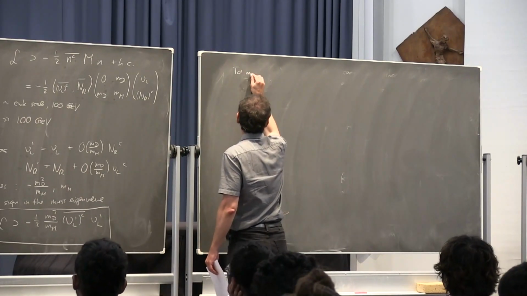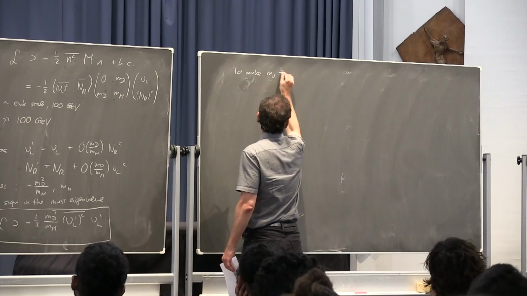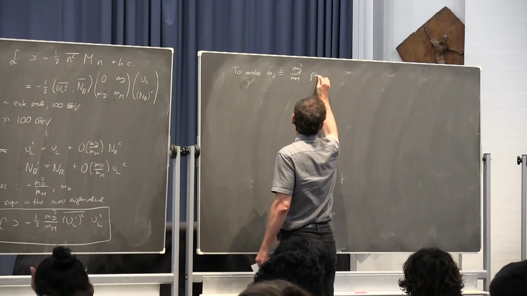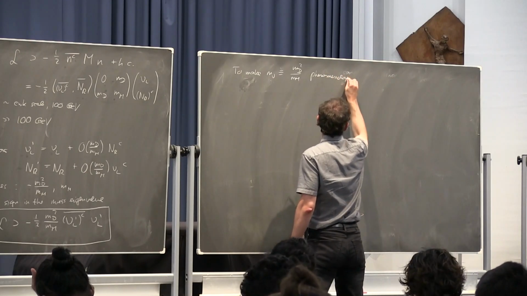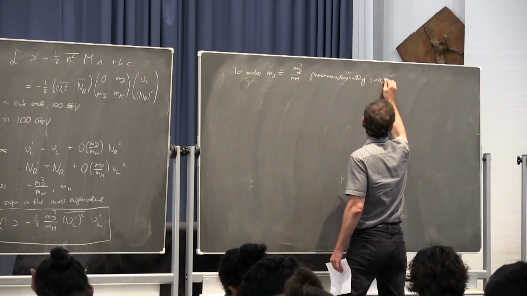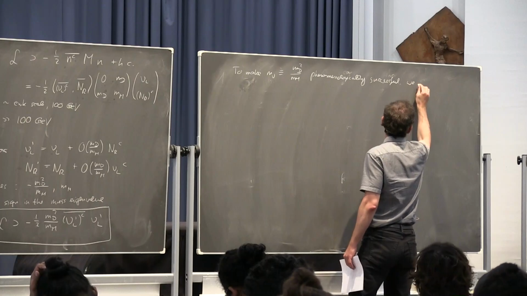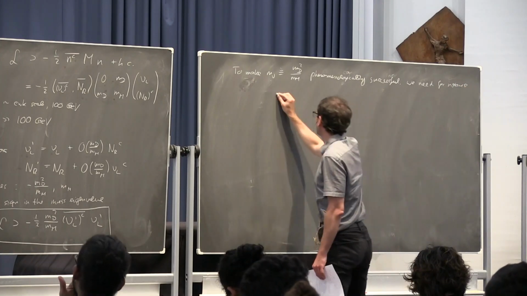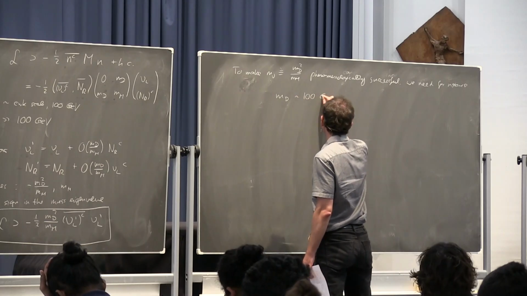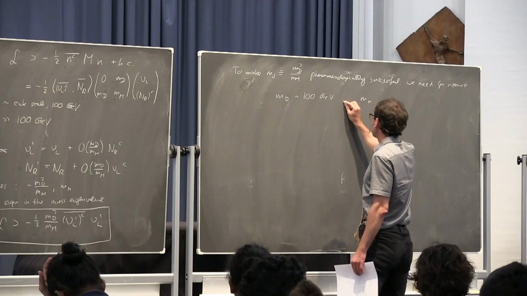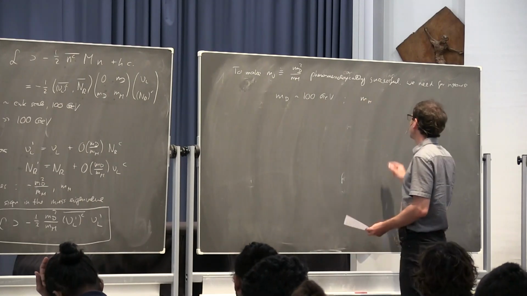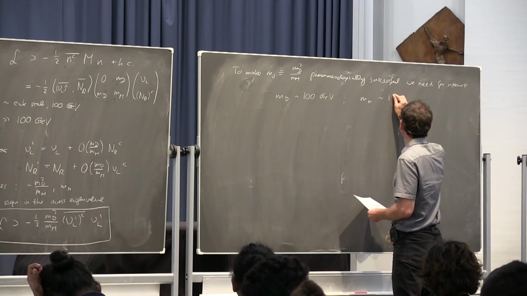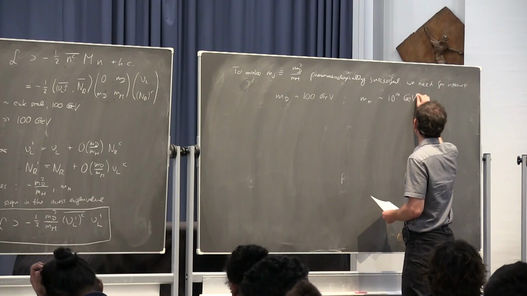So, to make this left-handed neutrino mass, which we call MD squared over MM, phenomenologically successful, we need, for instance, MD of order 100 GeV, and then based on the fact that neutrino masses are known to be of order 0.1 electron volt, we need a Majorana mass of order 10 to the 14 GeV.